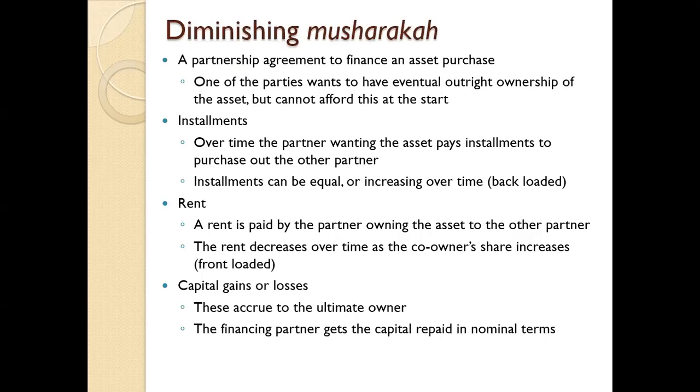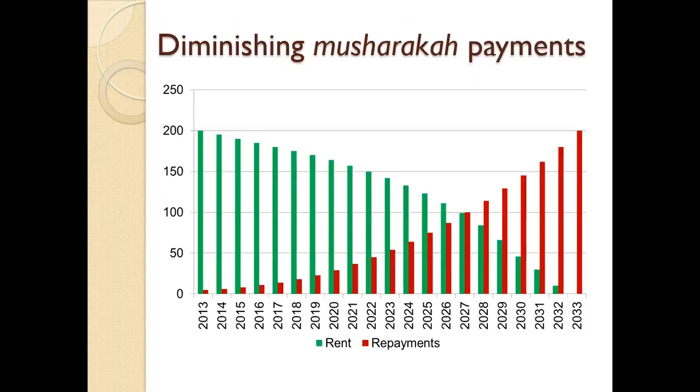And diminishing musharakah is a kind of partnership agreement to purchase an asset by providing financing by a partner. And what is the way to use the musharakah? The structure will be very clear if we use the diagram.